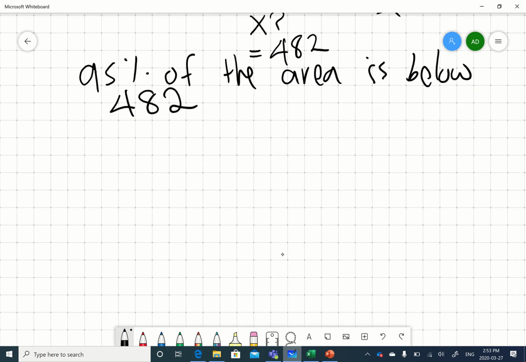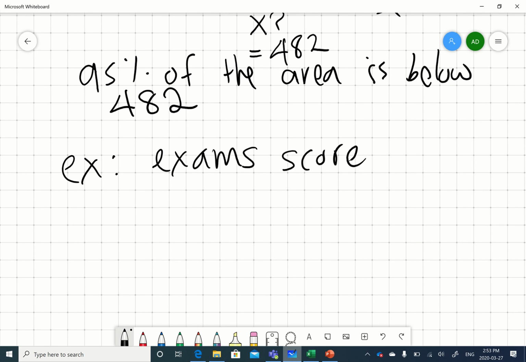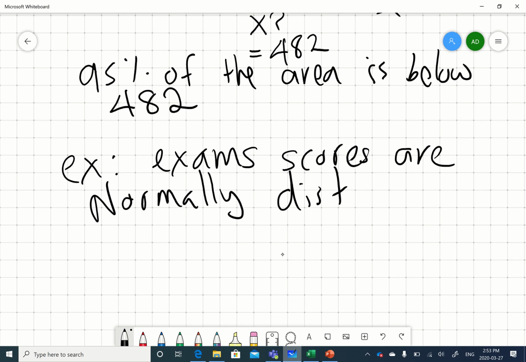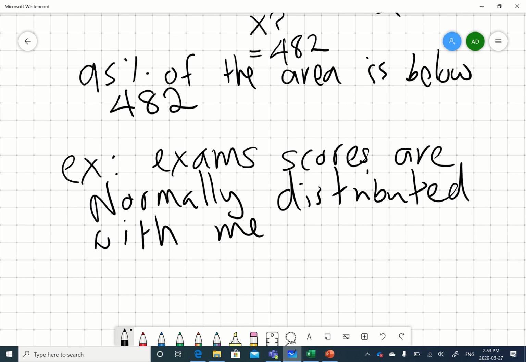Let me give you another example. Let's say that exam scores are normally distributed with mean 75 and standard deviation 10.